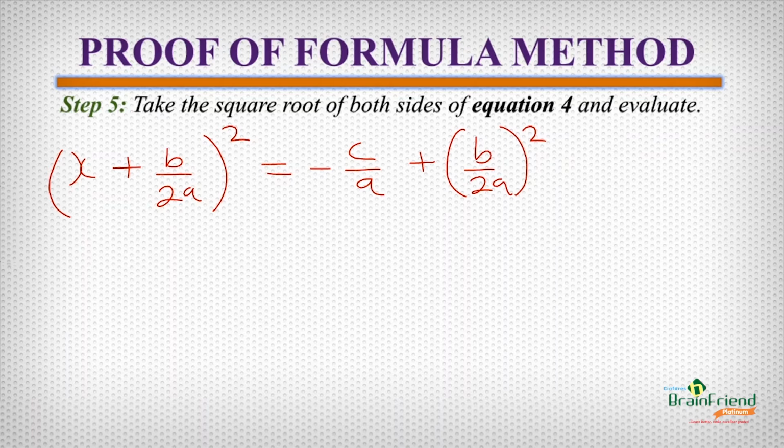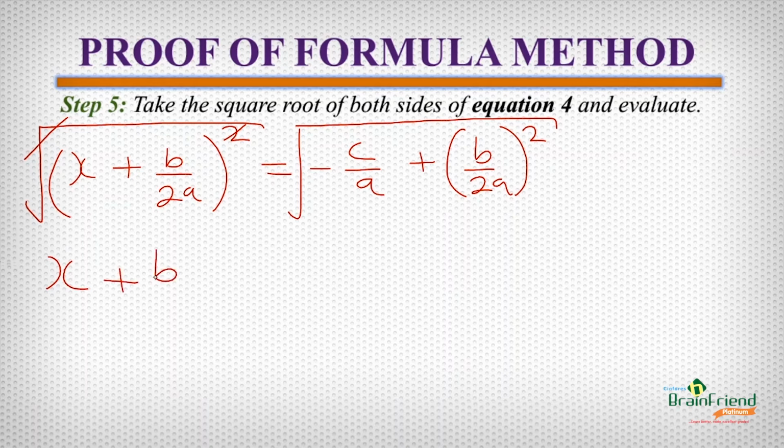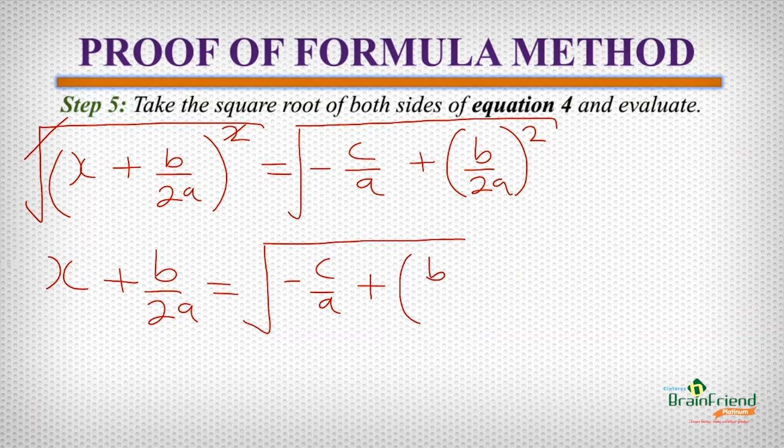Taking the square root of both sides simply means we should take the square root of the left-hand side and the square root of the right-hand side. Please take note, when we do this, the square root will be cancelled by the square here. So we now have x plus b over 2a, and that is equal to square root of minus c over a plus b over 2a all squared.